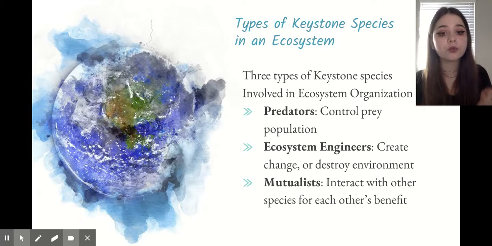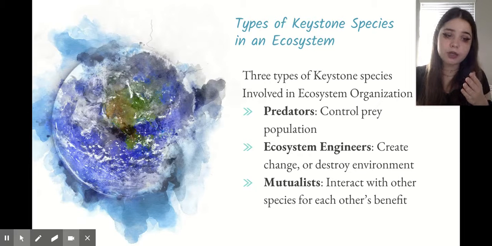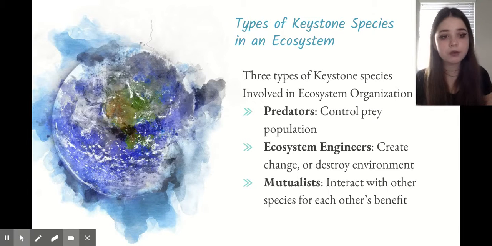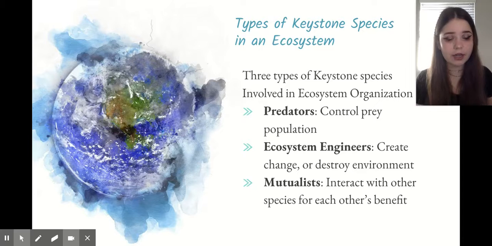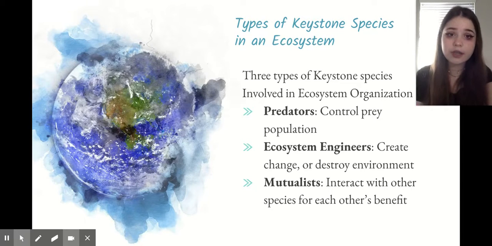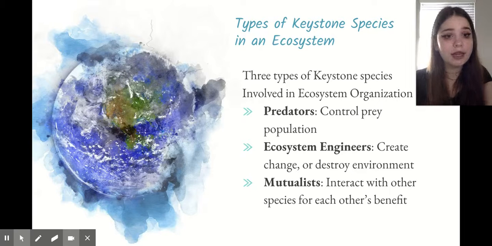Other species are reliant on these mutualists. If you remove a mutualist from the environment, then those other species can no longer depend on that animal, right? So they're going to be at a disadvantage, and without help, they might not be able to survive on their own. This is why keystone species are super important for maintaining an ecosystem.